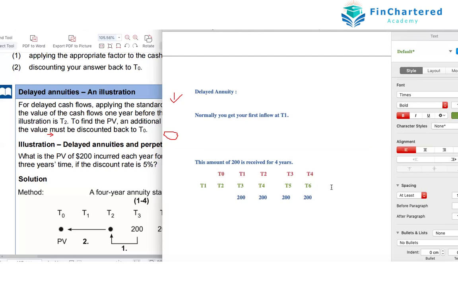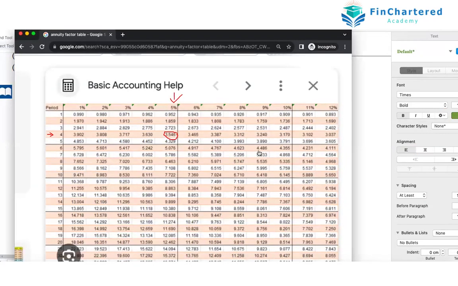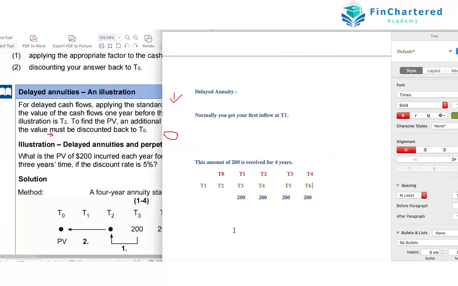So given that assumption, what was the discount annuity factor? It was 3.546. So what I will do is 200 into 3.546. How much is it?